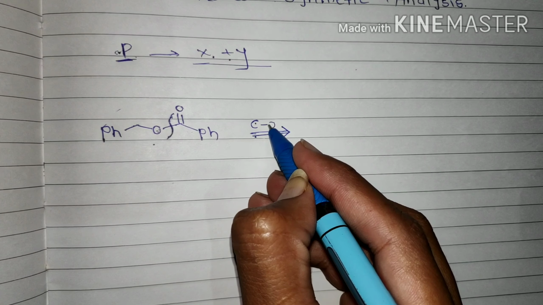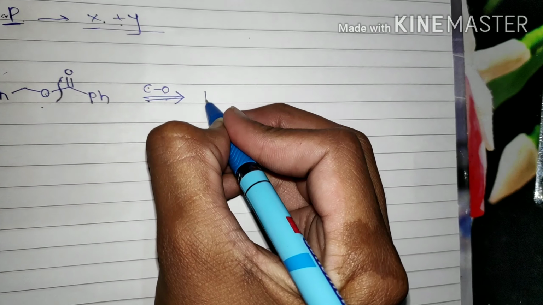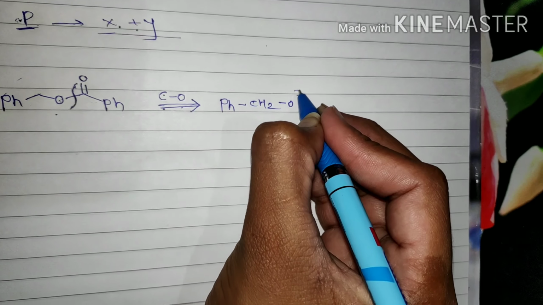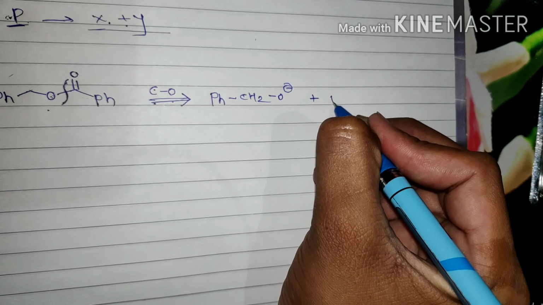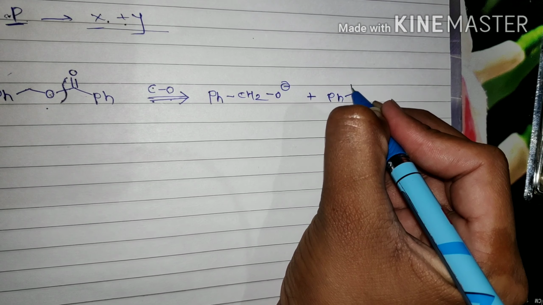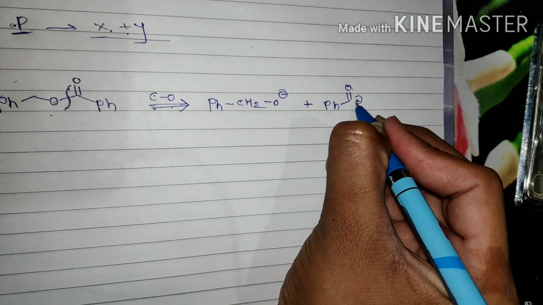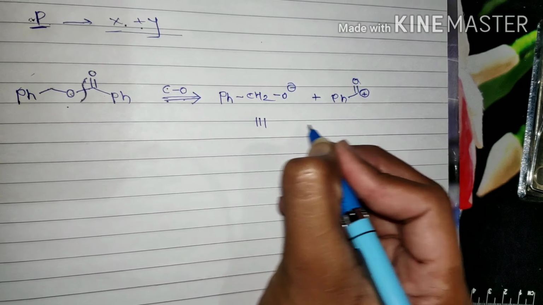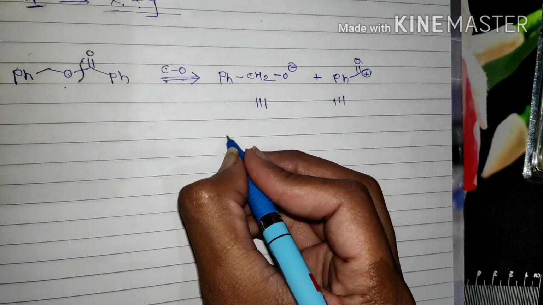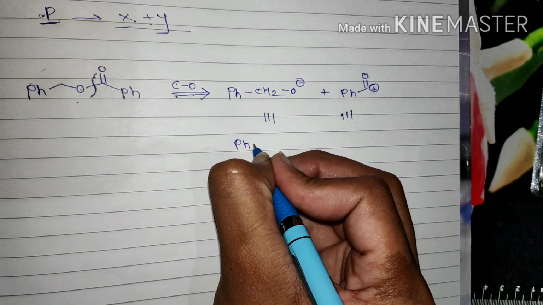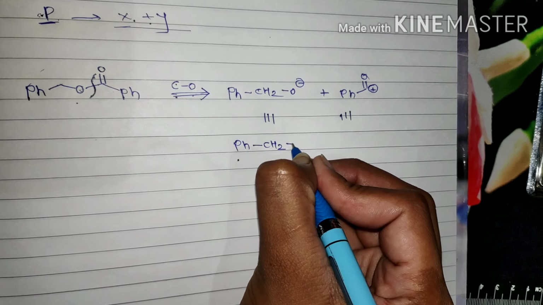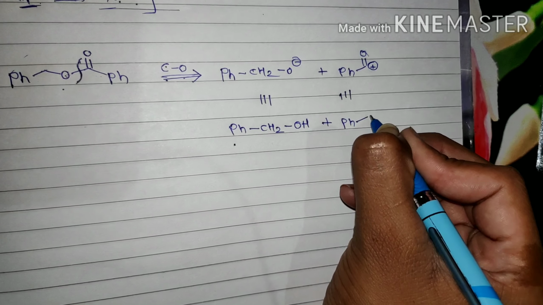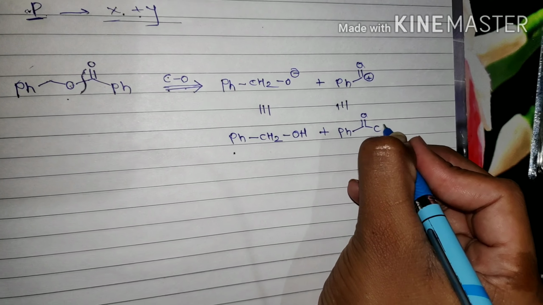So we break the carbon-oxygen bond and we get two synthons. Synthons mean CH2O negative plus PhC double bond O positive. A synthon is a positive or negative ion. Then these are converted into the synthetic equivalents, meaning the correct reactants: OH plus PhC double bond O single bond Cl.